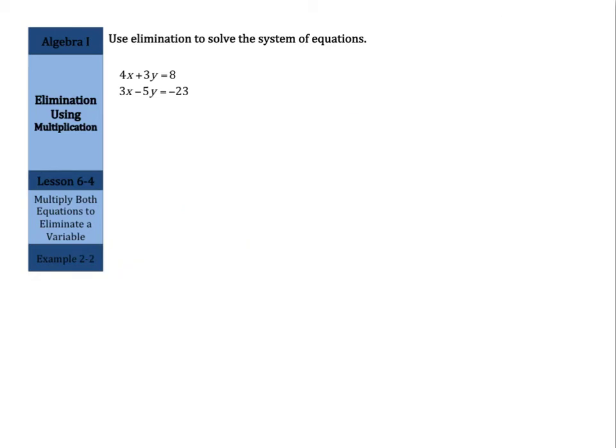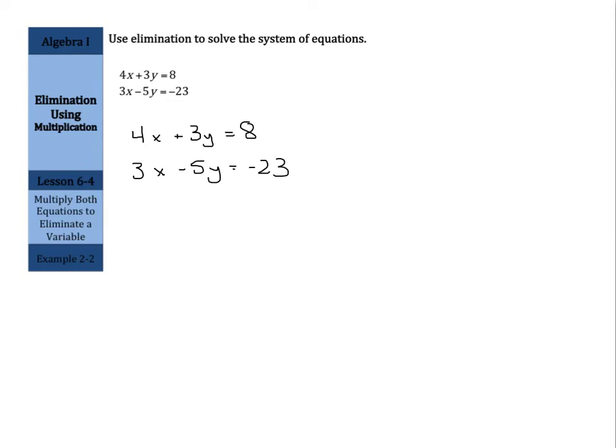Now, this example looks exactly the same, and in fact it is, but we're going to practice our method to eliminate the y. If we rewrite this: 4x plus 3y equals 8, and 3x minus 5y equals -23.